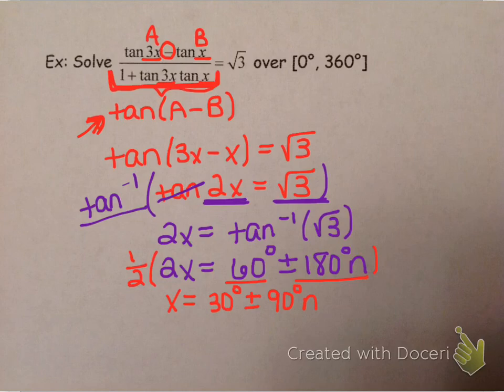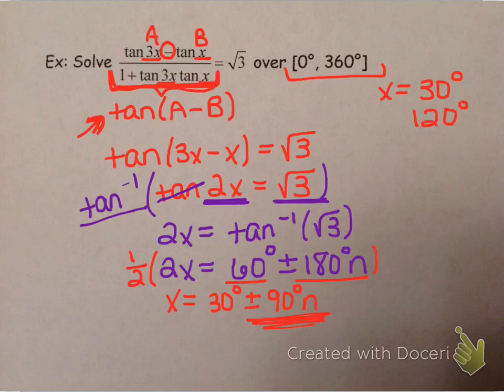And so my answers between 0 and 360, my first one was 30, and then I just start adding 90 over and over and over again. So then I get 120, and then I get 210, and then I get 300.